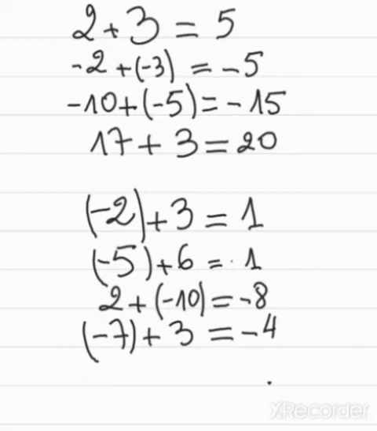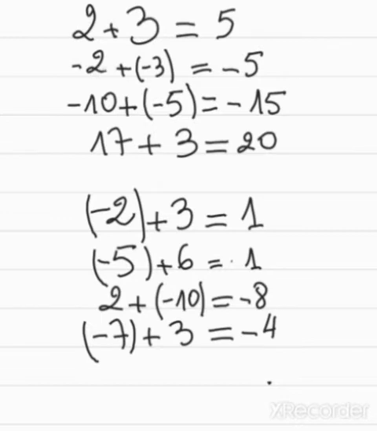To simplify this, we can compare a positive number to winning something, some dollars for example, and negative numbers to losing some dollars. I can say here that winning $2 plus winning $3 is winning $5.